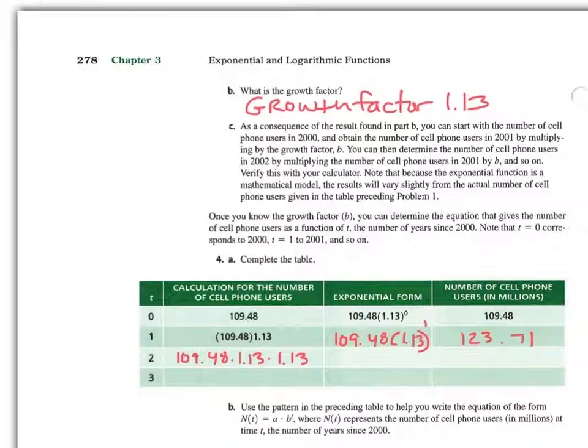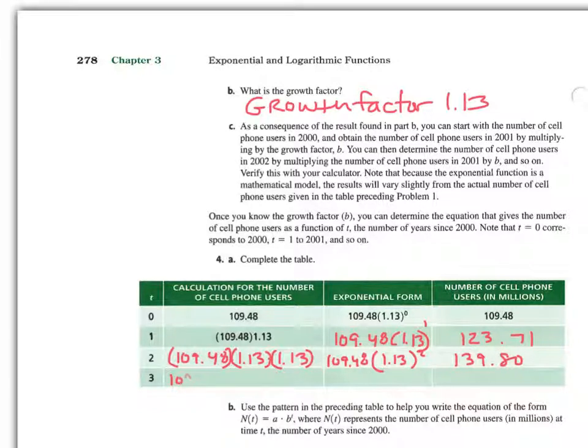I probably should use parentheses here because my dots look like decimals. Okay, I have to multiply it by 1.13 to the second. And there's my initial one still in there. Okay, and then this comes out to be 139.8 million cell phone users, and that would be 2002.